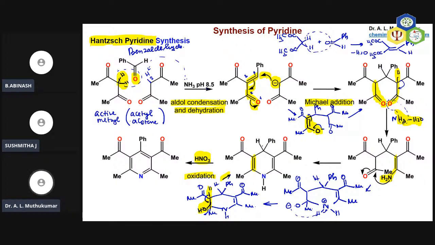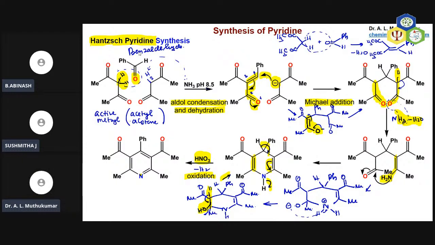For that purpose, the removal of hydrogen is taking place. You can check here in this step. So this electron will be coming, this will be coming, and this will be leaving. As a result of this, you will be getting the corresponding pyridine as a product. So this reaction is so important. Please keep in mind, you can expect it anytime in the upcoming CSIR examination.